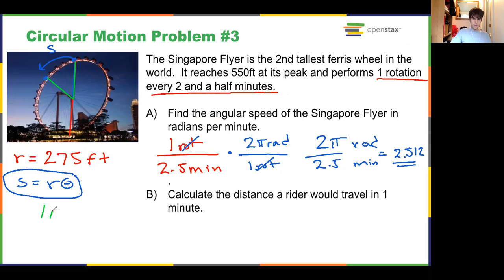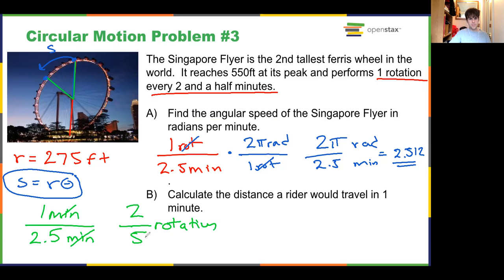So I know that 1 minute in comparison to 2.5 minutes, and I can do an equivalent fraction here. If I multiply this by 2 units, that means that we're going to be going 2/5 of the way around the circle. So this is equivalent to 2/5 of a rotation. That's what this fraction is equivalent to.